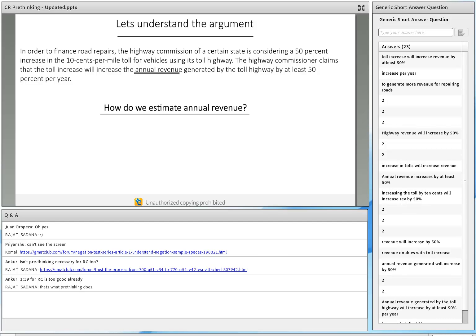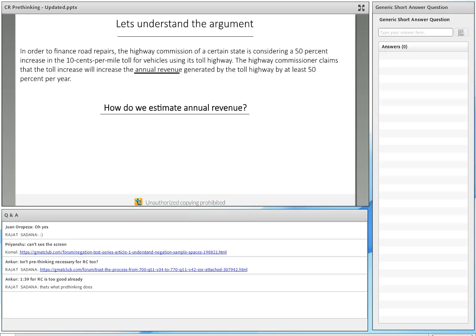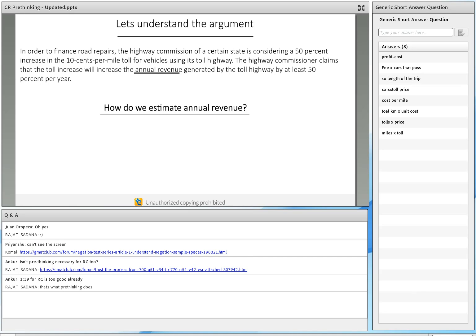So how do we estimate the annual revenue? In a simple relationship, how do we do that? Okay, tolls times price. Number of miles times the toll per mile. Essentially, profit minus cost.